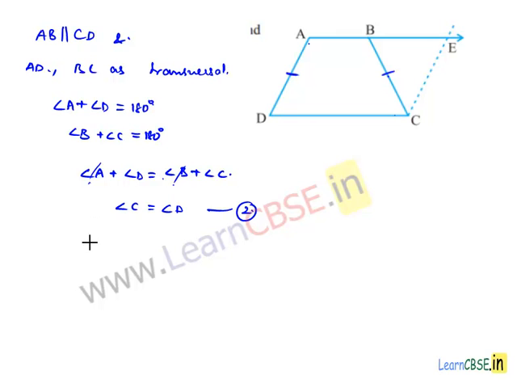In the third proof, he asked us to prove that triangle ABC is congruent to triangle BAD. In order to prove this, let us join AC diagonal and BD diagonal. Now, as he asked us to prove the congruency of two triangles, let us consider both the triangles, that is triangle ABC and triangle BAD.